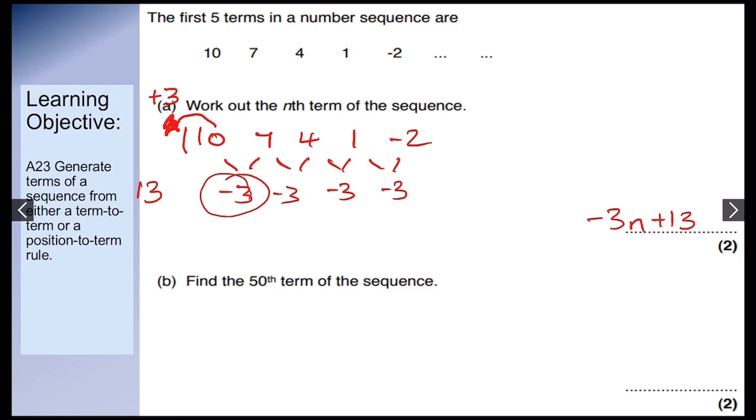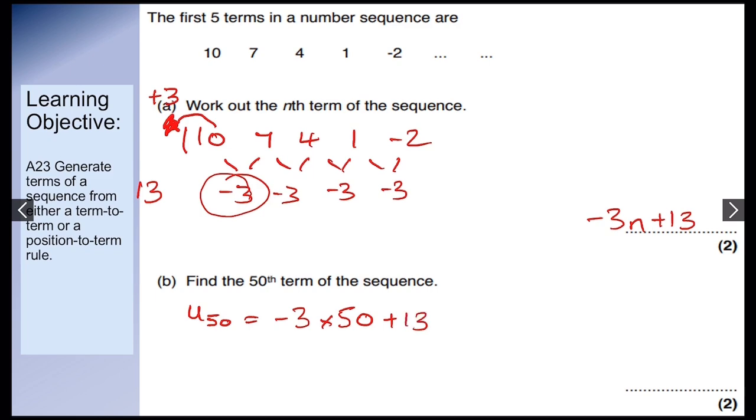All right, so part B says find the 50th term in the sequence, just exactly like we were doing yesterday. So I'm going to label it in the same way as we were doing yesterday. I used U50. So remember, what does minus 3n add 13 mean? Well, it means minus 3 times the term number. And the term number in this case is 50. Minus 3 times 50 and add on 13.